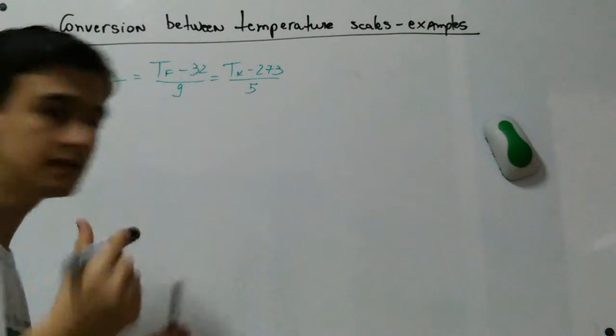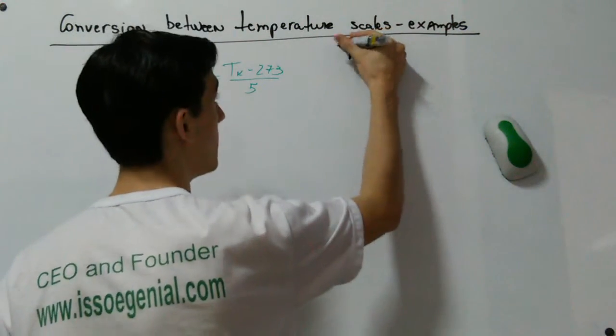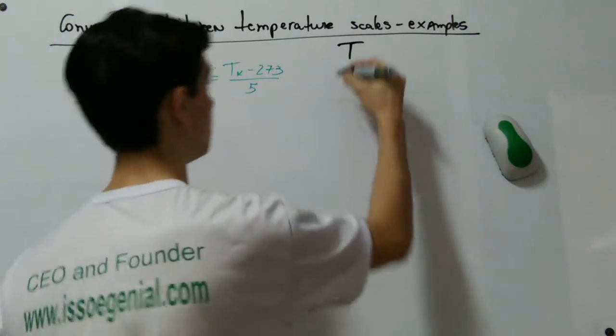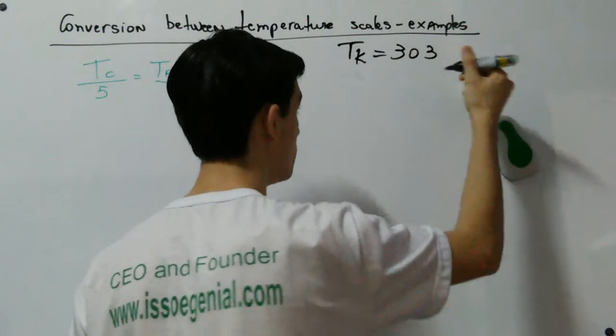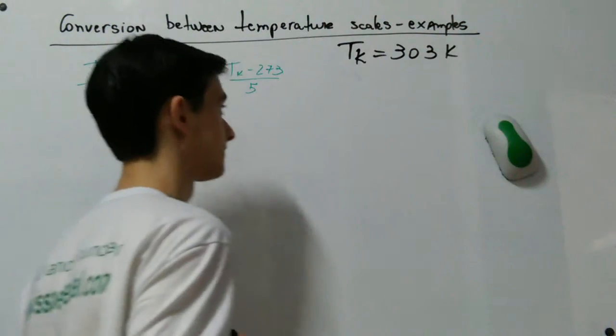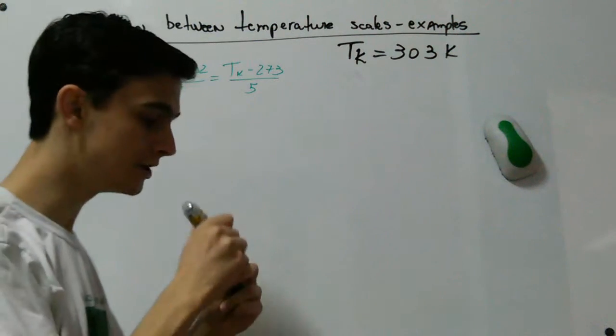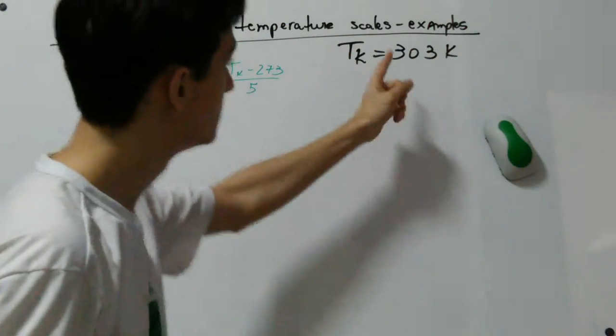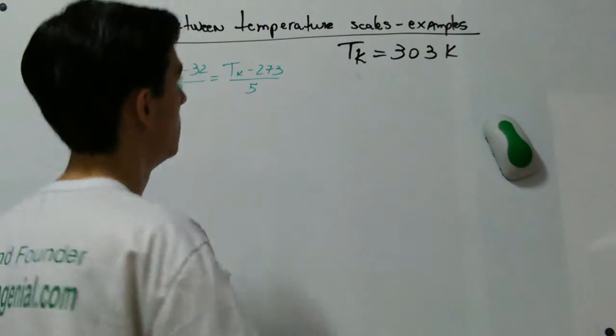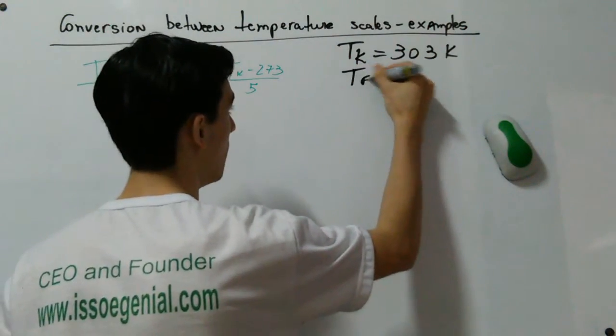Let's say we have a temperature measured in the Kelvin scale of 303 Kelvin, and you want to know what number represents this temperature in the Fahrenheit scale. So you want to know Tf.